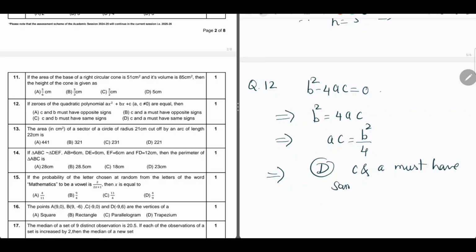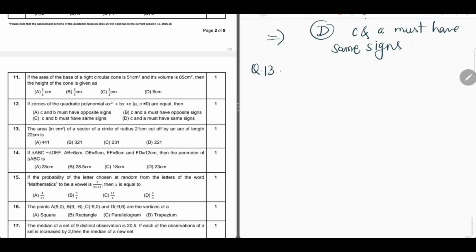same signs. The area of a sector of a circle of radius 21 centimeter. So r is given as 21. The arc is 22 centimeter. Area we have to find out. For area I need theta upon 360 into pi r square.